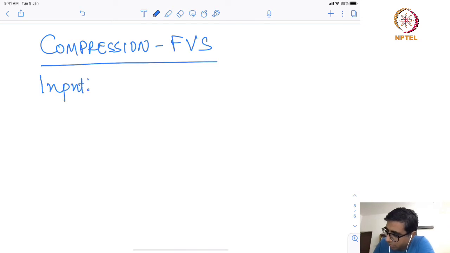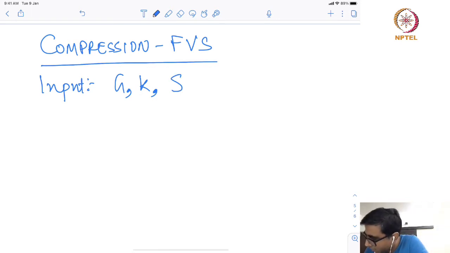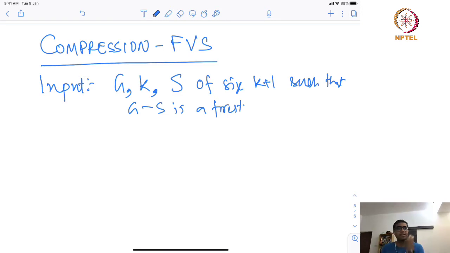My input is G, k, and some S of size k plus 1 such that G minus S is a forest. So, you are also getting additional information: I not only give you the input, I also give you a solution which is just one more.